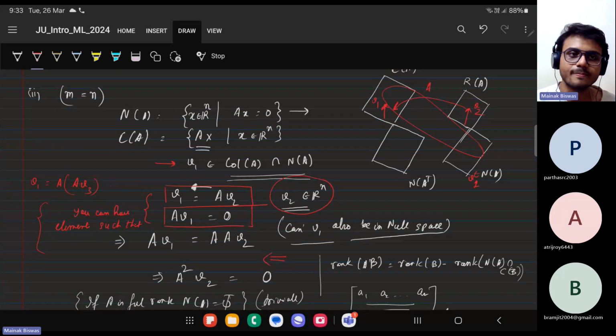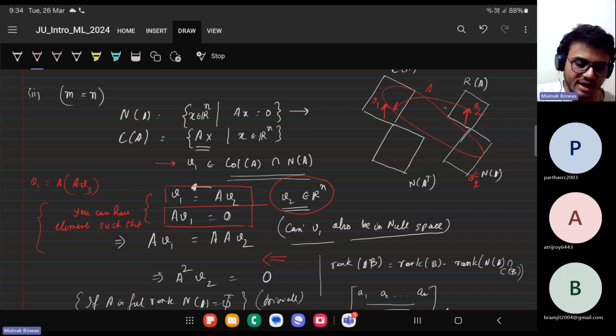Any questions? I had an element in the row space. I multiplied by A. When I multiply a vector by a matrix, I get an element in the column space. Yes or no? You are not only responding. Yes.